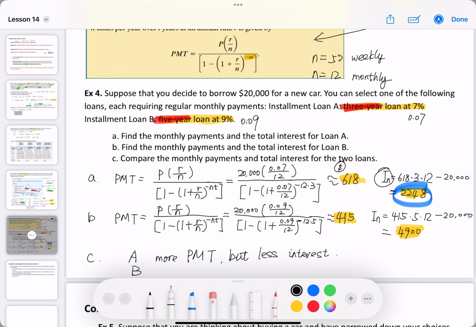B has a lower PMT because each month you only pay $415, but it has higher interest.